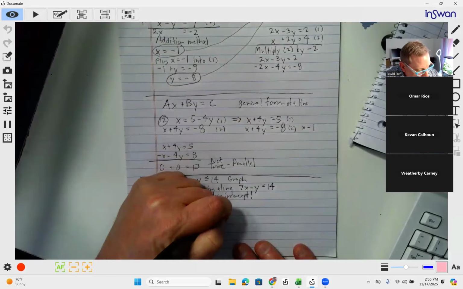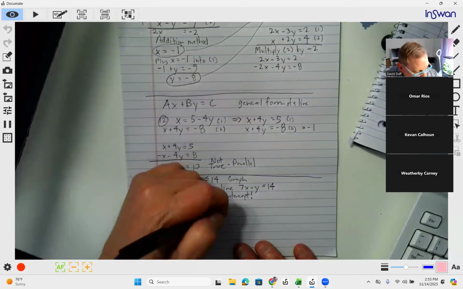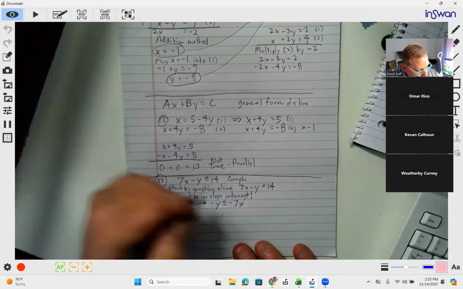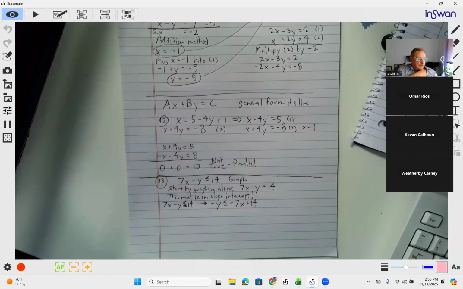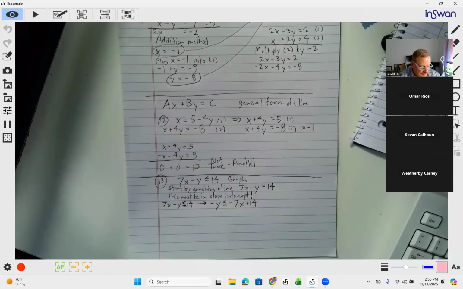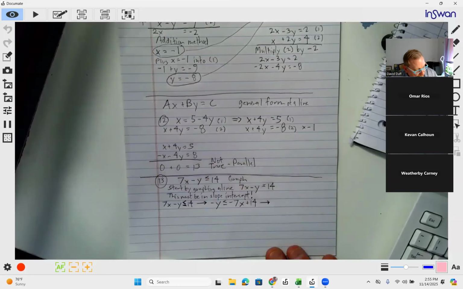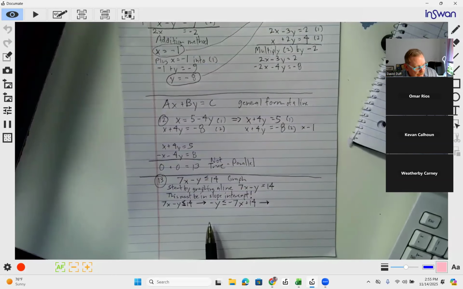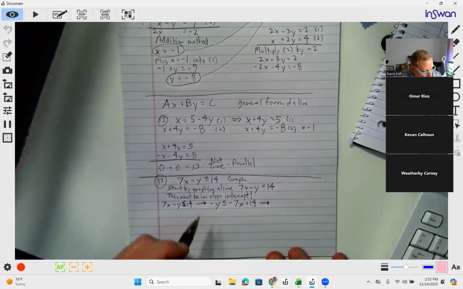That's going to be negative y is less than or equal to negative 7x plus 14. So that's my first move. I'm trying to get y by itself. Now, the next thing I need to do is multiply both sides of the inequality by negative 1. But remember, if you divide or multiply an inequality by negative 1, you have to flip the inequality sign.